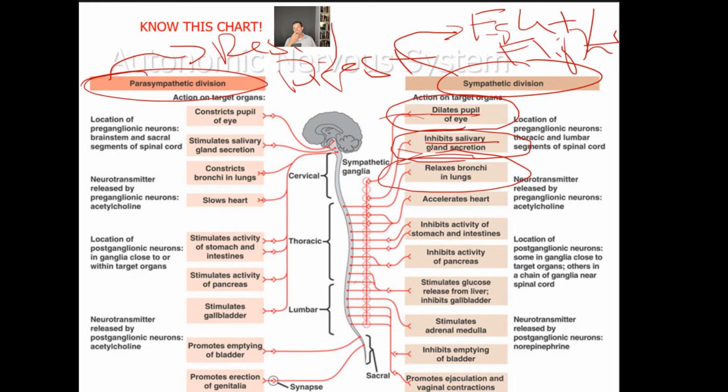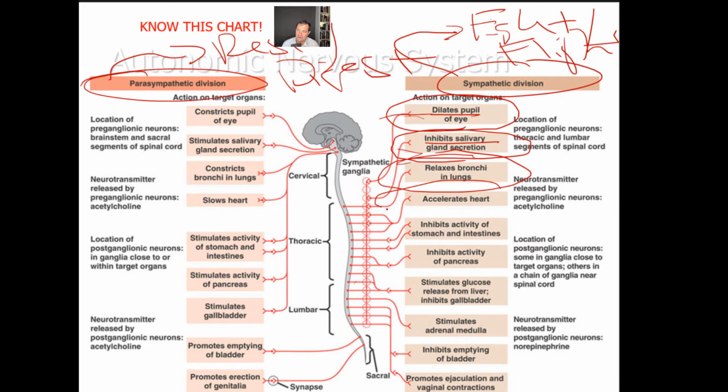Relaxing seems like the opposite of what you would be doing in fight or flight, but the bronchi are tubes that go to your lungs. And when you relax them, they get bigger. And when they get bigger, you can get more air in and out of your lungs. And therefore, you can get more ATP and you can get more energy for the fight.